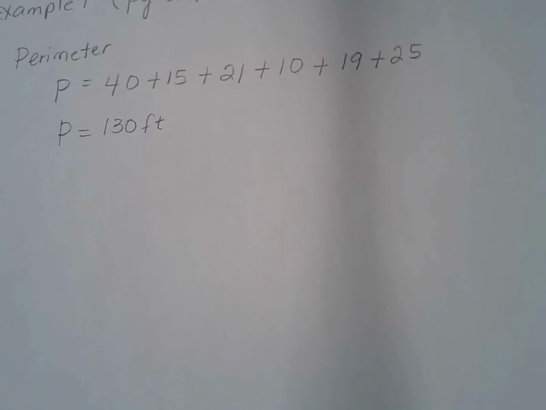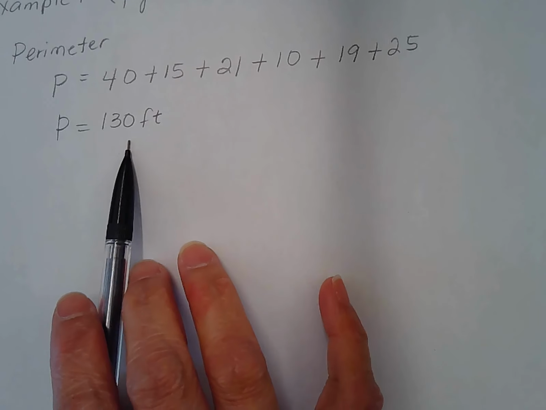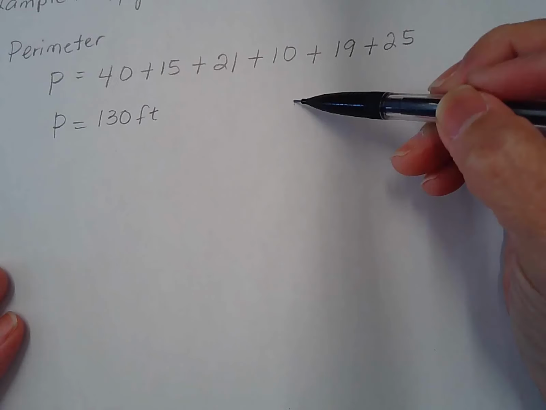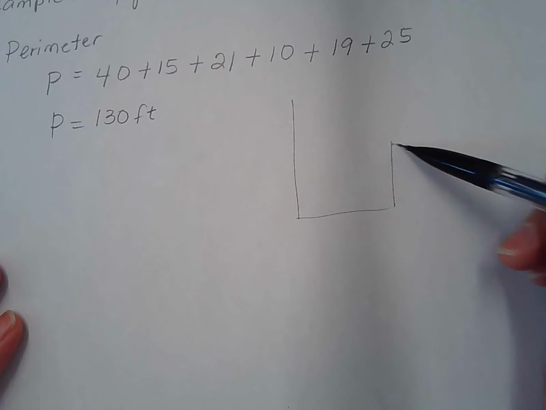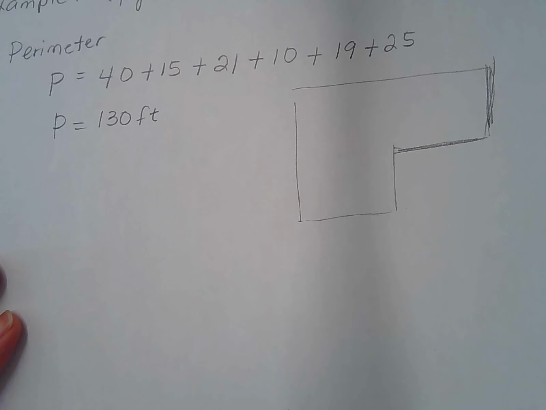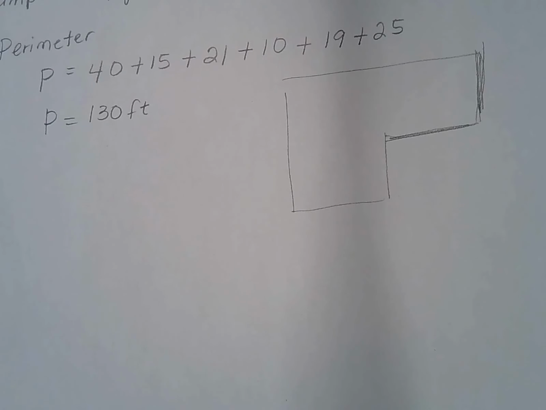Now because it's 130 feet, that's just enough to put it around the shape. But they said here on our instruction, we have to put a little bit extra, right?